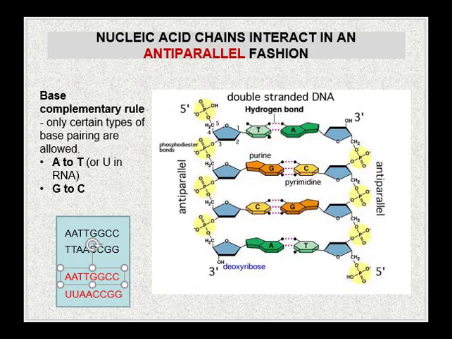However, remember there's a little bit of a difference between DNA and RNA. So in RNA, adenine will bind to uracil. There is no thymine in RNA strands. So the easiest way to tell the difference between a strand of DNA and RNA is to locate whether or not there is a thymine or a uracil in the strand.